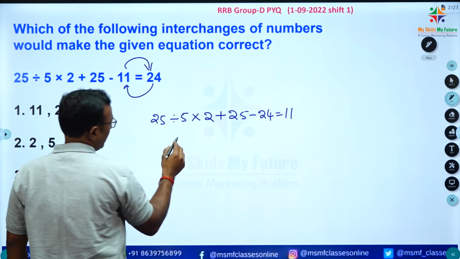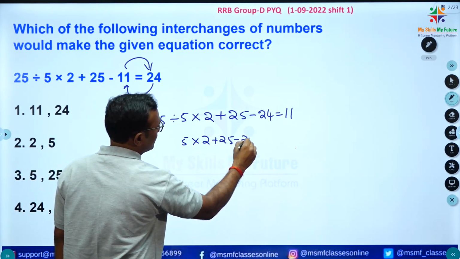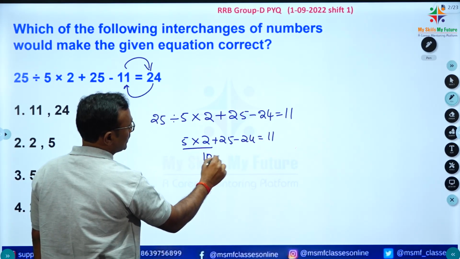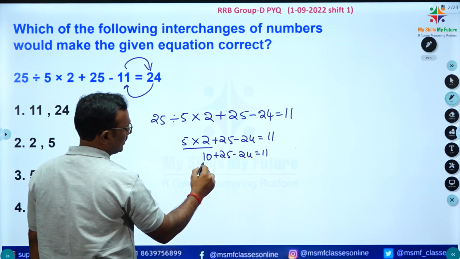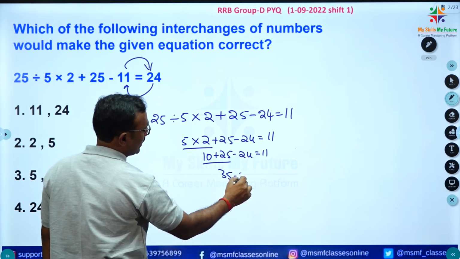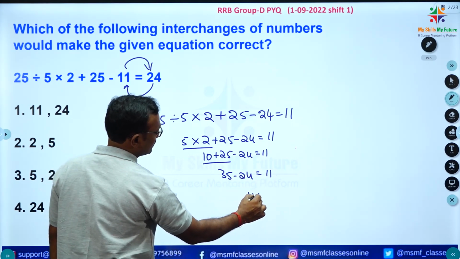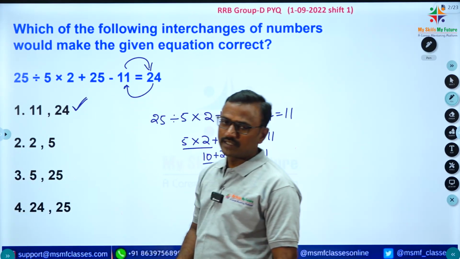So 25 by 5 is 5, into 2 plus 25 minus 24 is equal to 11. So 10 plus 25 minus 24 is equal to 11 or not. 35 minus 24 is 11, and 11 is equal to 11. So option 1 is correct.